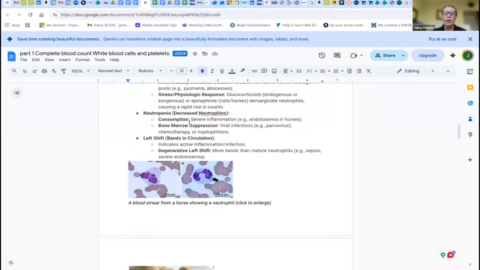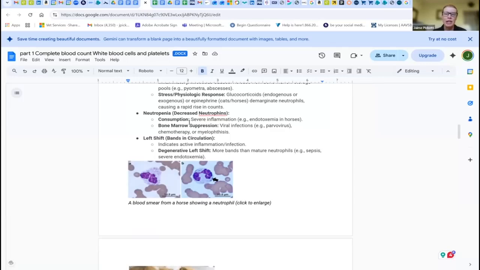Then left shift, one of the most clinically important white blood cell clues we have. When we start to see band neutrophils, that means the marrow is releasing immature cells to keep up with demand. A mild left shift just says inflammation is happening.